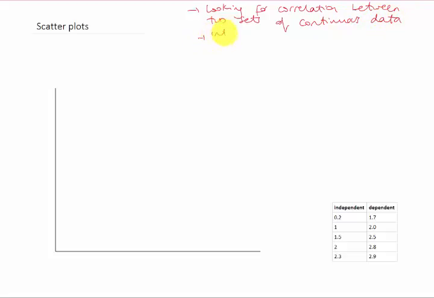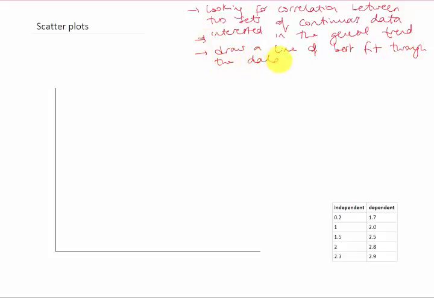We're interested in the general trend, and to do that we draw a line of best fit through the different data points. We can use this to interpolate or extrapolate other numbers, which I'll explain in a second.